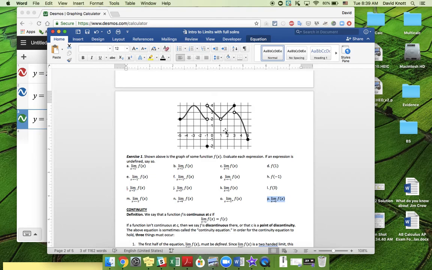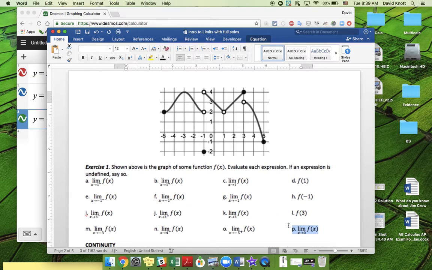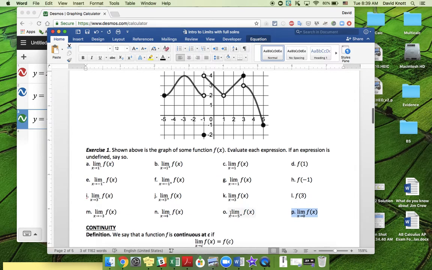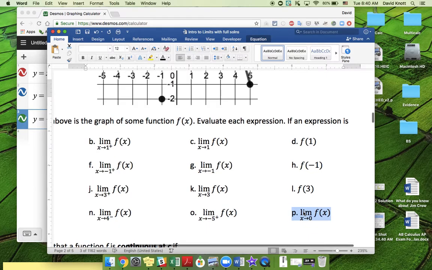So here's the graph of our function f, and I'm asking you to find the limit of this function as x approaches 0. Now, the first thing that you should notice when you see this is that unlike many of the other limits appearing in this problem, there is no plus or minus above the 0, right?